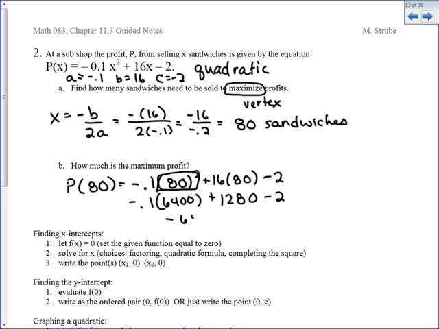That is negative 640 plus 1280 minus 2, which gives me $638. So when I sell my 80 sandwiches, I'm making $638. It's my maximum profit. So for these word problems, because we have other types of word problems, if you see a quadratic and it's asking for a maximum or minimum, that is your vertex.